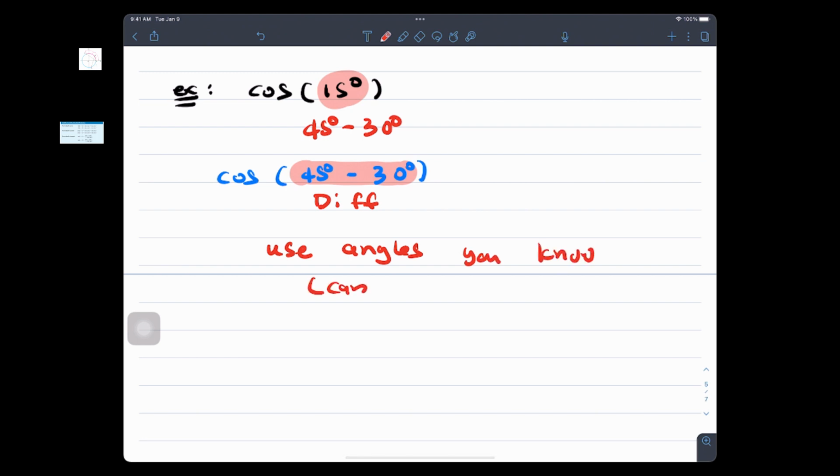You can deduce without a calculator. That's the whole point. Not to use a calculator.